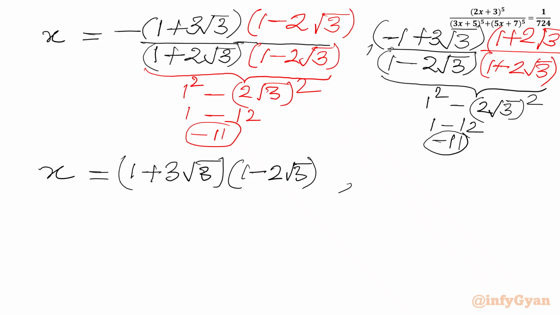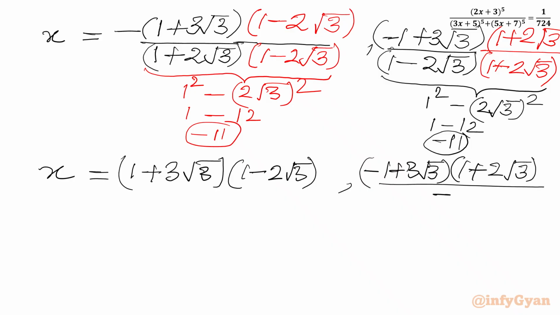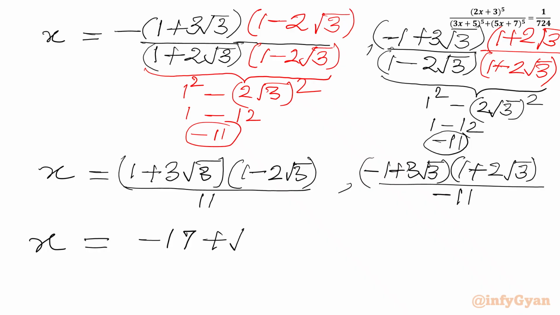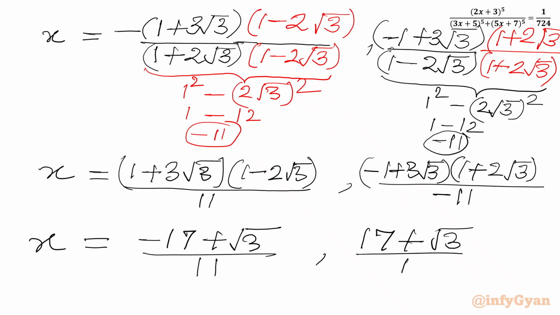And the second solution we will get from (minus 1 plus 3 root 3) times (1 plus 2 root 3) over negative 11. And here we will write the denominator as 11. So our final answer will become minus 17 plus square root 3 over 11, and here we will be getting 17 plus square root 3 over 11 with the minus sign common.